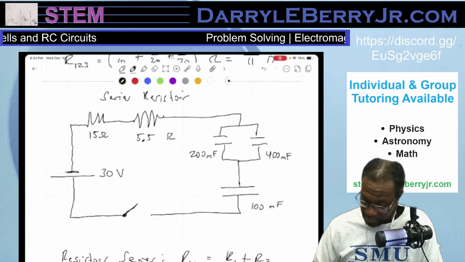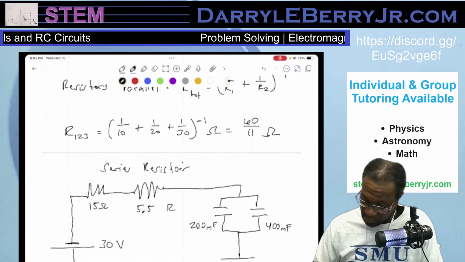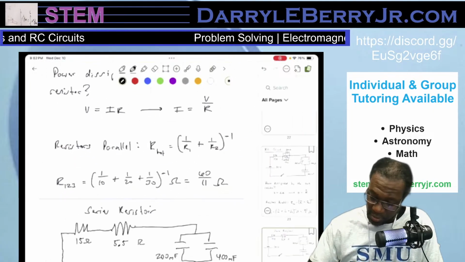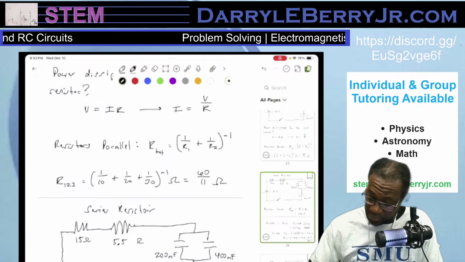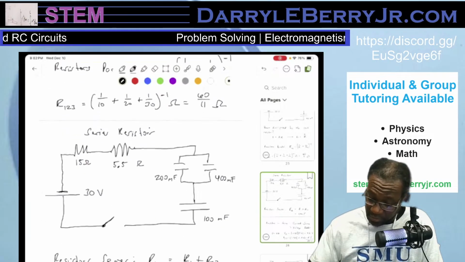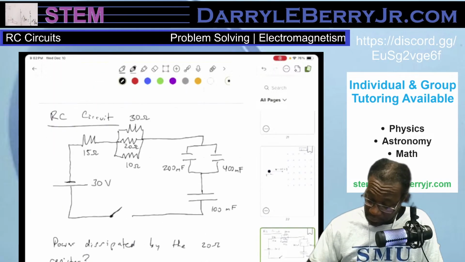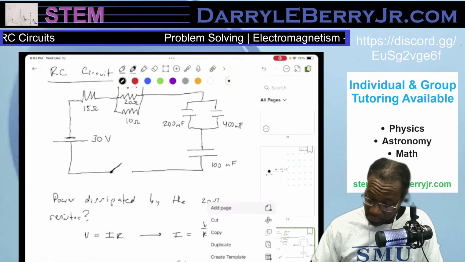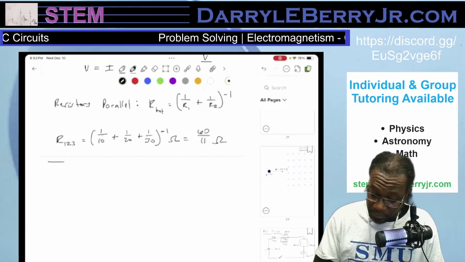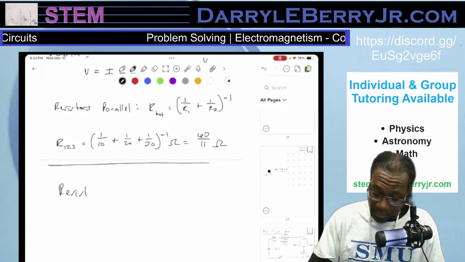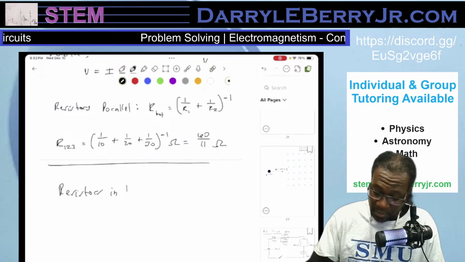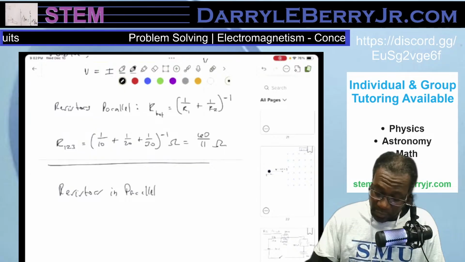One more thing. Step this up one more time, because I want the power in the resistor that's here. Now when resistors are in parallel, the voltage is the same.